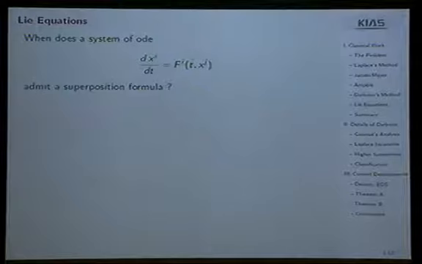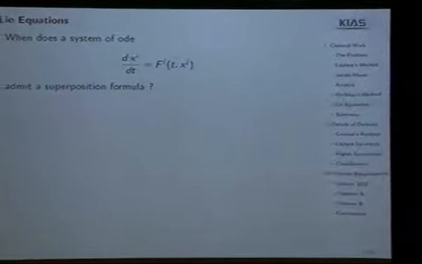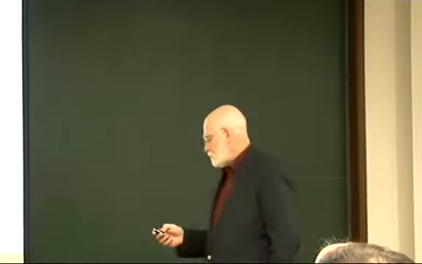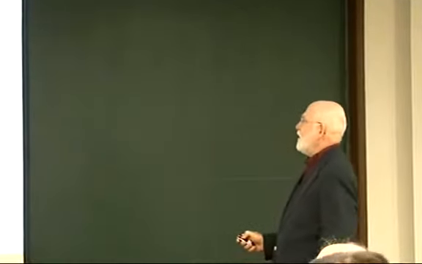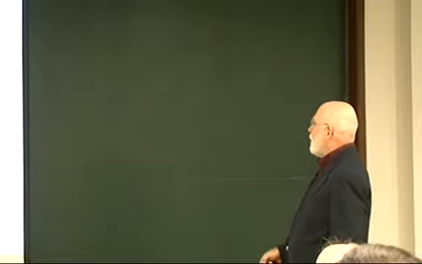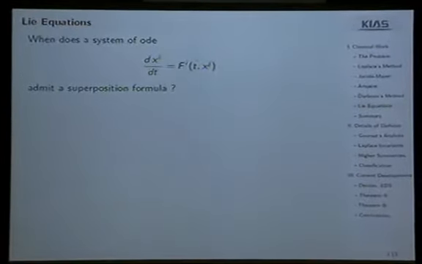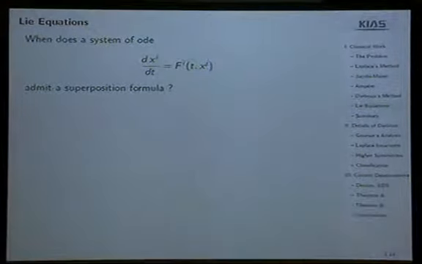Well, it seems like I'm going to change topics completely now and talk about something else that has nothing to do with PDEs, but in fact is very, very essential to the story that I want to tell. It's this idea of Lie equations. So we've been looking at some classical integration methods: the Laplace method for integrating PDE, the Jacobi method for integrating first-order equations, Ampere and Darboux's method for integrating PDE in the plane.